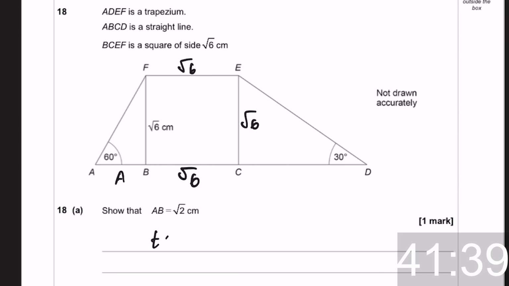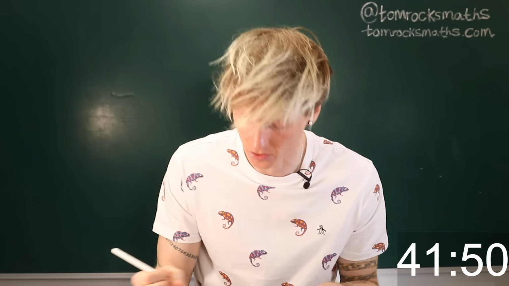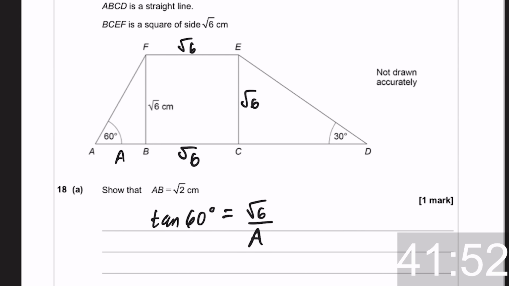So I know that tan of 60 degrees is the opposite, root 6, over A. Now what is tan of 60 degrees? I believe it's root 3. So tan of 60 degrees is a known value, root 3. So therefore A must be root 2.